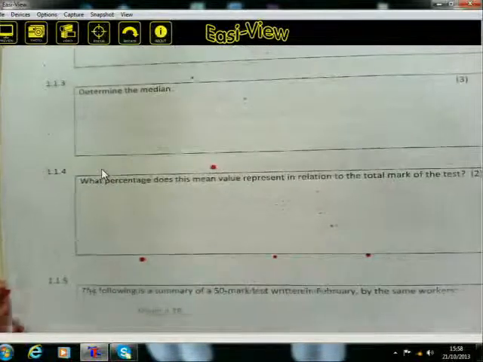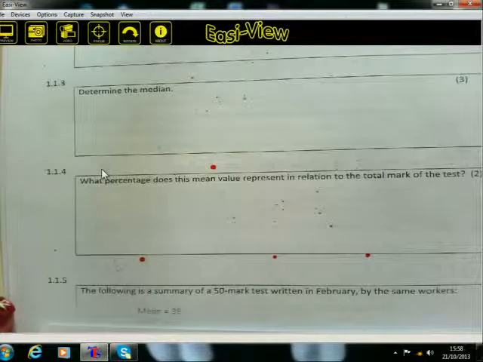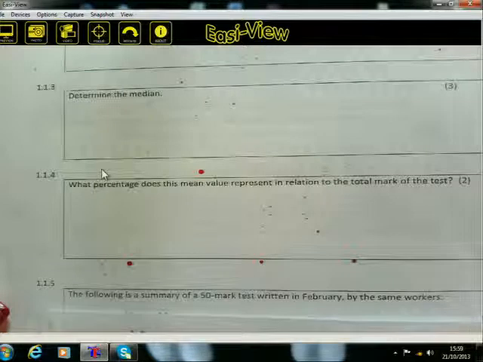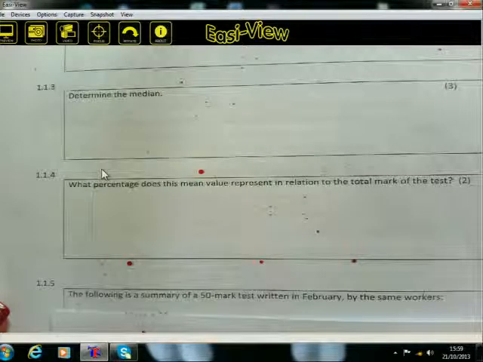So now we go back to 1.1.5, whereby it says the following is a summary of a 50-mark test written in February by the same workers.